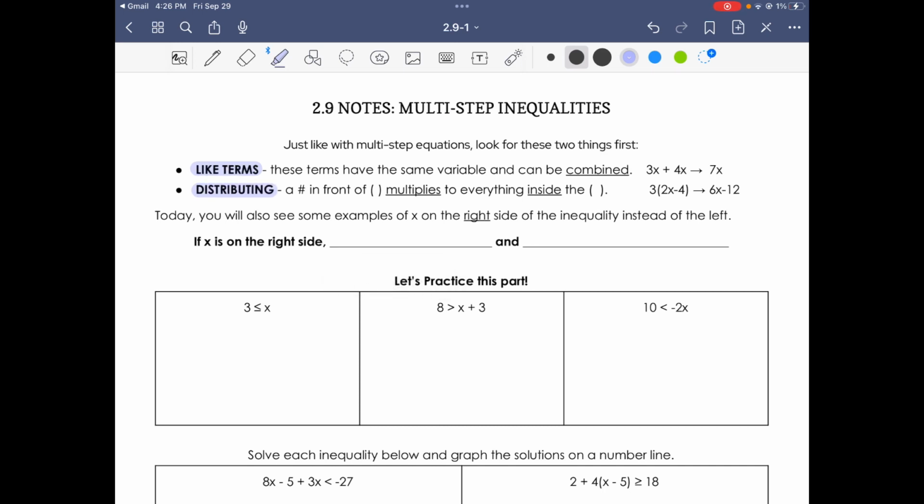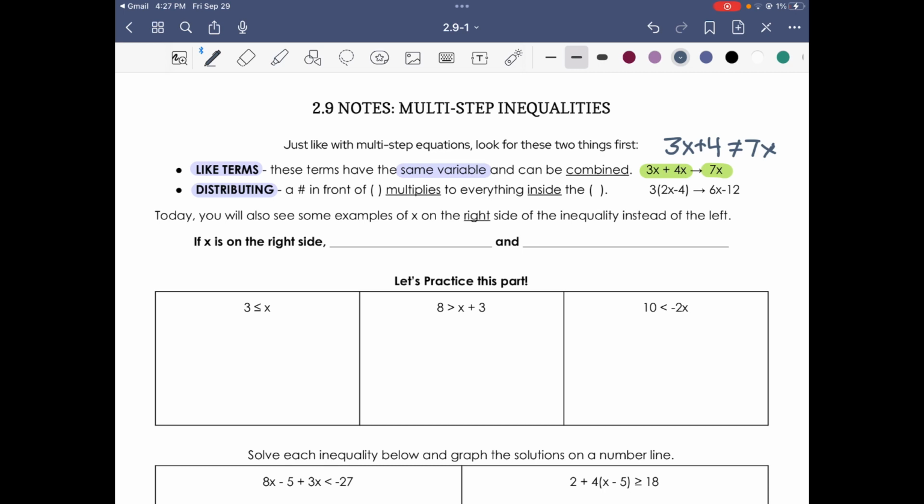Keep in mind that like terms are terms that have the same variable and therefore they can be combined. For example, 3x plus 4x is 7x. Just make sure you don't try and do 3x plus 4. That does not equal 7x because the 4 doesn't have an x on it and the 3 does.